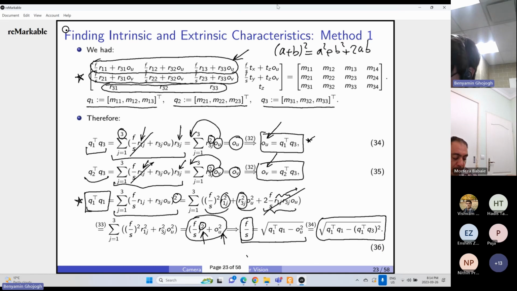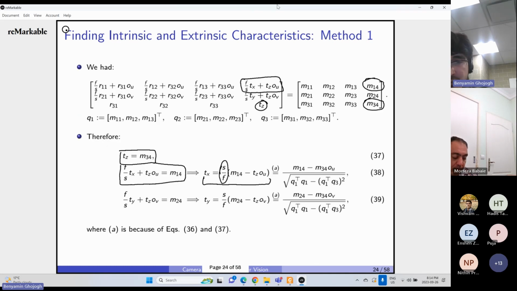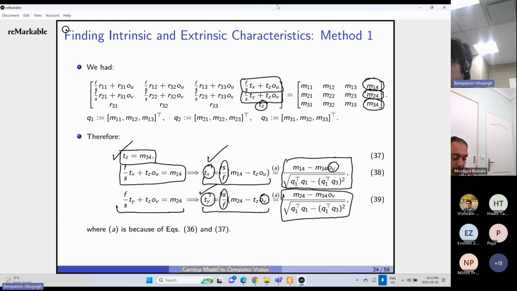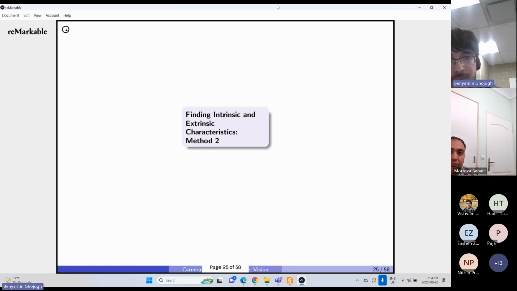Therefore, we know s over f, which is its reciprocal, right? Also, we know ou from the previous slide, so we know everything here. So Tx is found. Likewise, we can do it for Ty. This equals m24. Rearrange the terms, you will get this. We know s over f and ov from the previous slide, so you know this. Therefore, Ty is found. As a result, we found Tz, we found Tx, we found Ty, so the translation values are found, which are the extrinsic parameters, right?